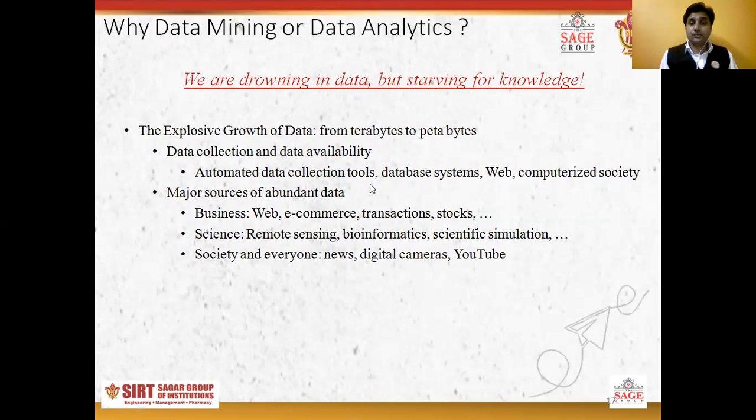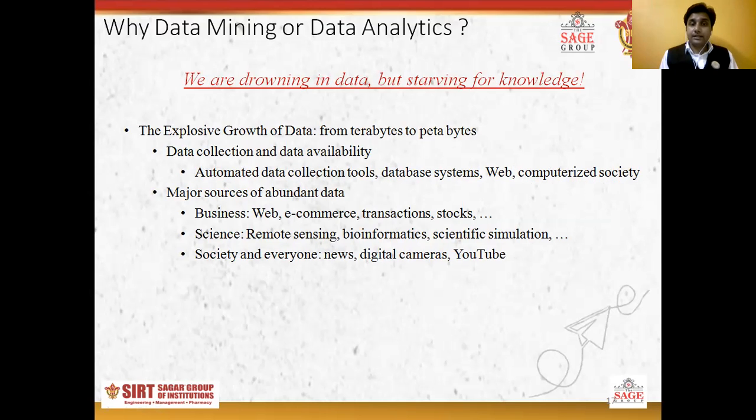Automated data collection tools, database systems, web, computerized society. So from where do we collect the data, from its sources. And what kind of major sources of data origin? Business, what kind of business?